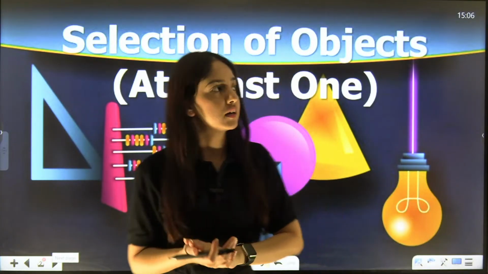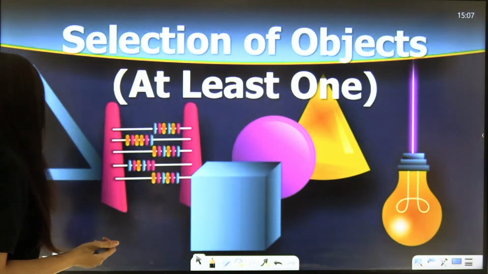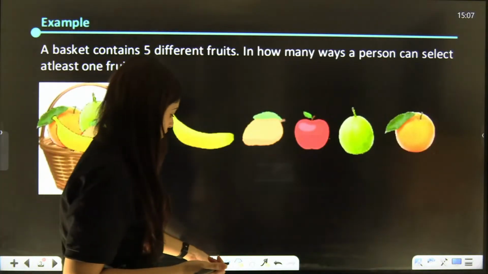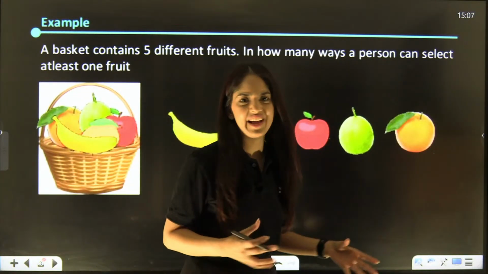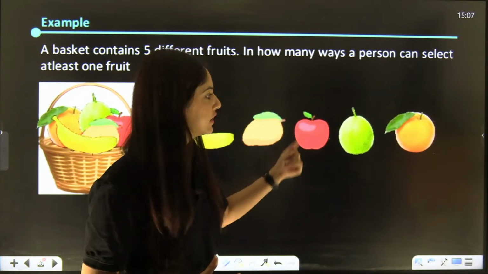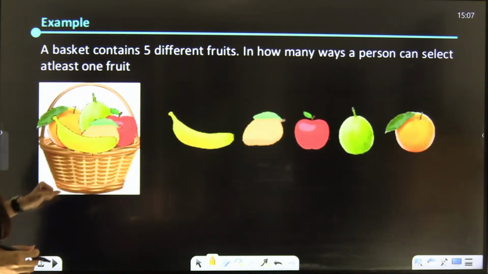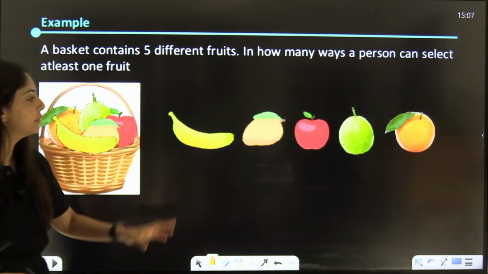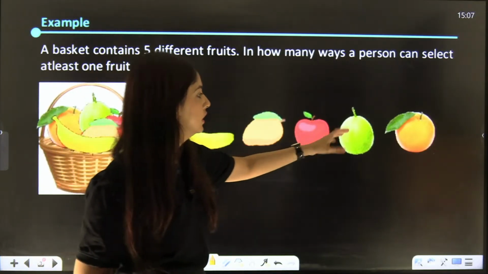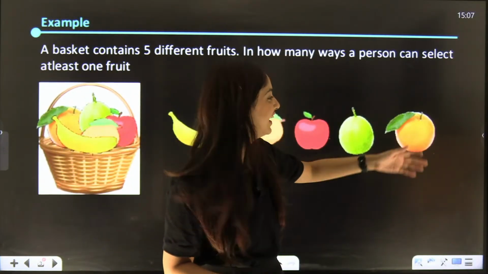Okay, let's start. So what exactly do we mean when we say we have to select at least one object? Let's look at an example here. We have a bunch of fruits. We have a fruit basket where there is one banana, one mango, one apple, one pear and one orange.